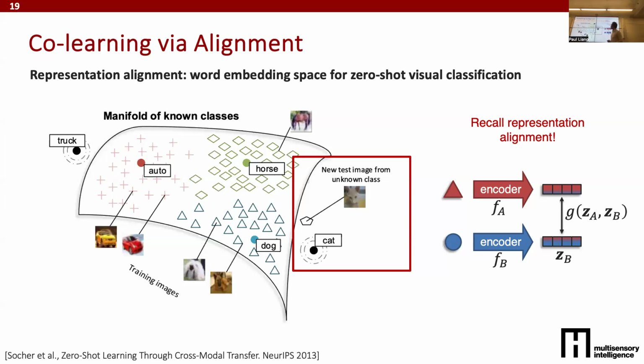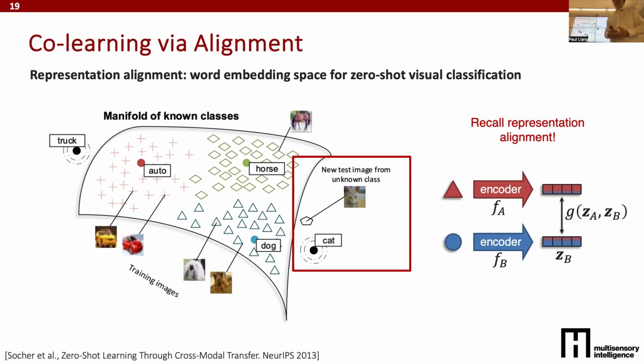But the good thing about this aligned representation space is that you can project the image into that space, and you can find the nearest neighbor word embedding, right? And this word embedding space has structure. Cat is very close to dog, but not exactly the same as dog, and can be further away from horse. So you can just find the nearest neighbor word embedding, and therefore you will be able to do zero-shot prediction and say this image should be labeled as cat. Okay.